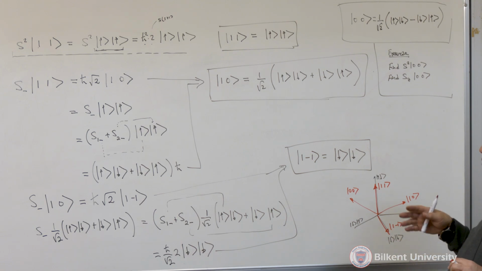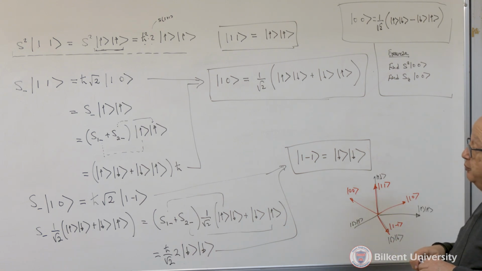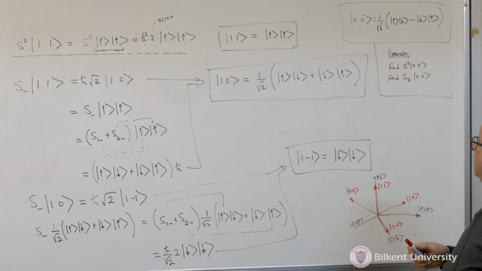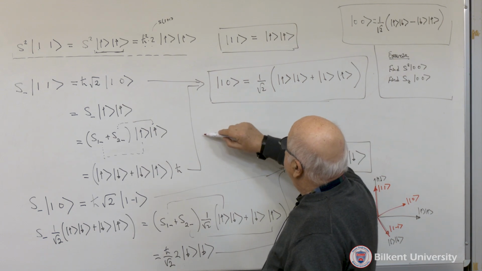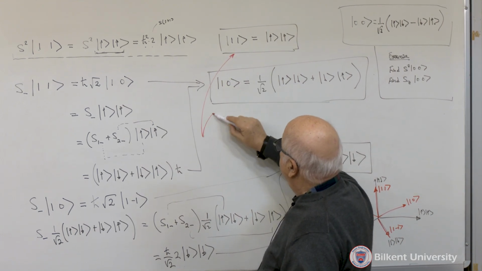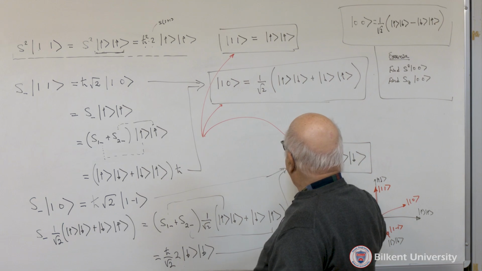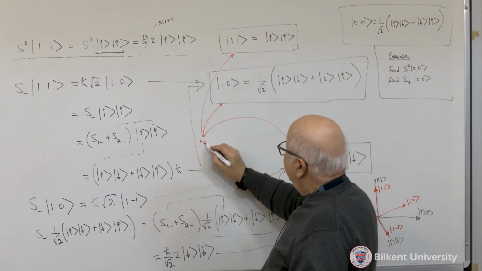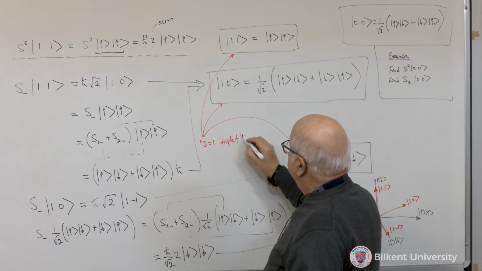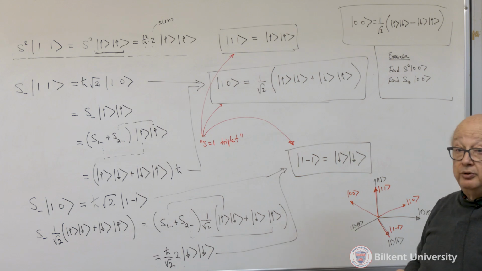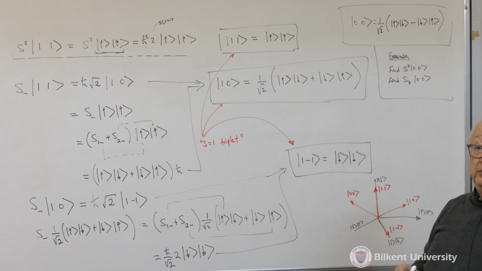We would like to use these total angular momentum states for 2 objects, for 2 spins. The 3 objects here correspond to s equal to 1. These are called the s equal to 1 triplet, because there are 3 of them. So that's the total angular momentum equal to 1 state.